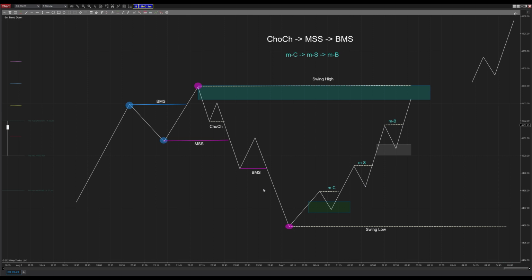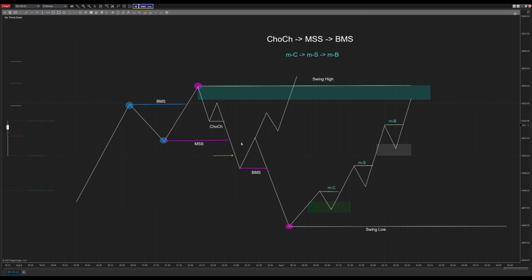Now, of course, where it's tricky, and again, I come back to there is no right answer. When we are in between, as we are right here, we've had the first major swing low broken here. We have yet to get the second. Now, of course, there's nothing that prevents the market from just giving us this major break of structure here.